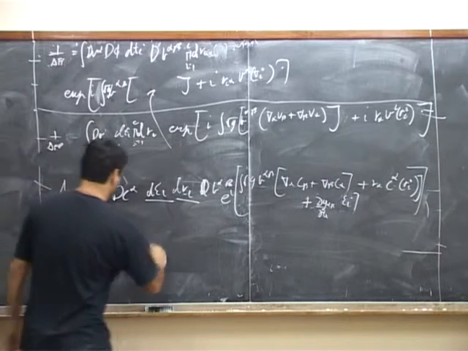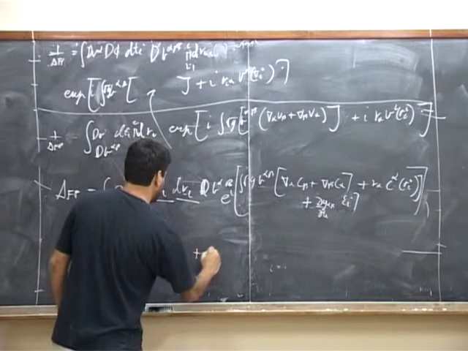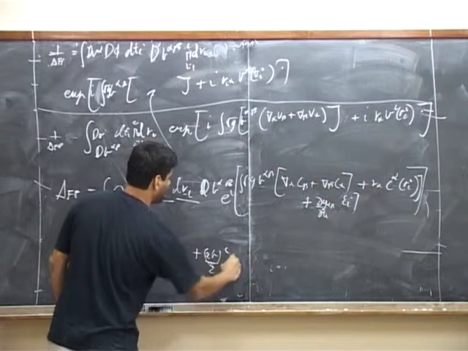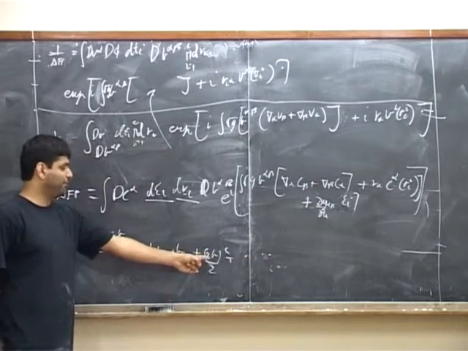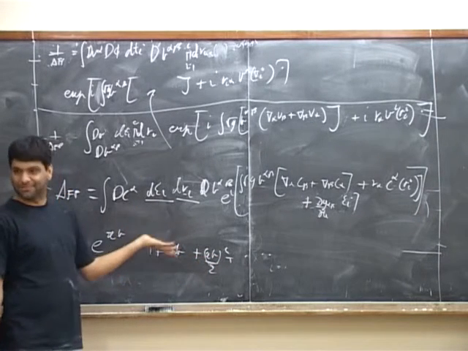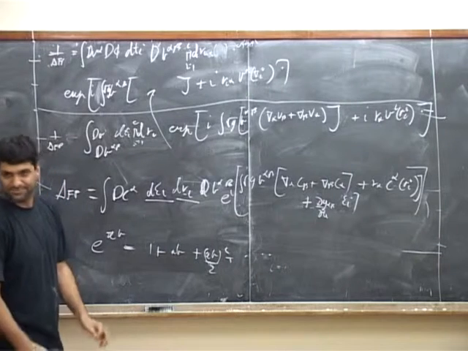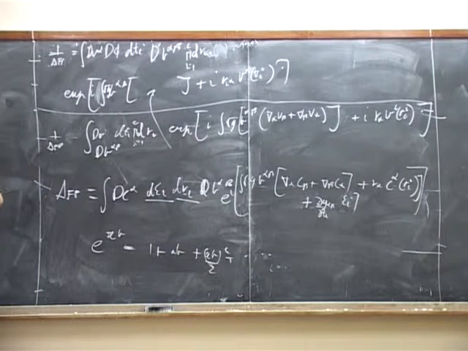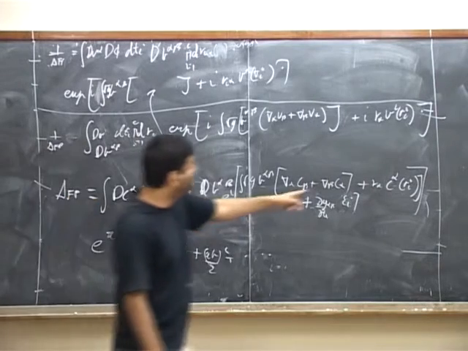This is equal to 1 plus ab plus ab squared by 2 and so on. The higher term is 0 because we take a through b up to a minus sign and then we get a squared, which is 0. And that's the form that we have here.